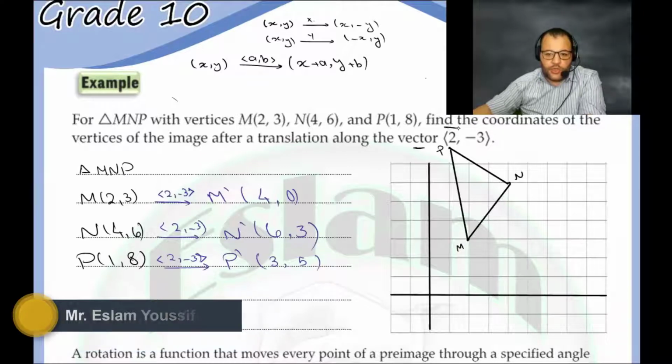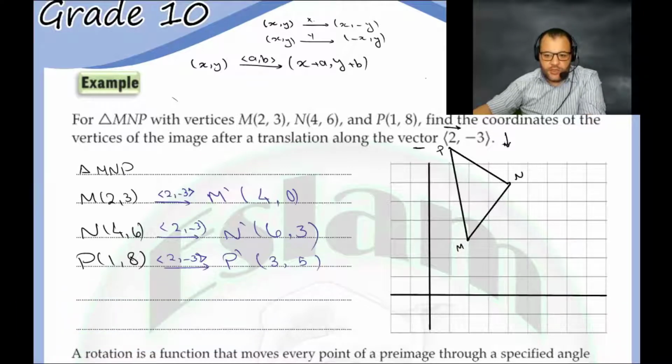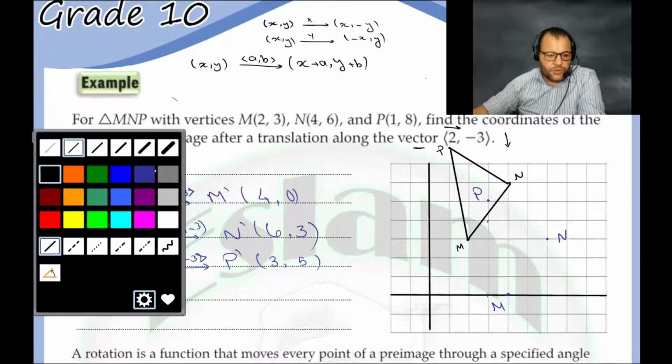It's going 2 units to the right and 3 units down. So the second one, we have (4, 0), that's the image of the first point, M. (6, 3) is N, and (3, 5) is P.